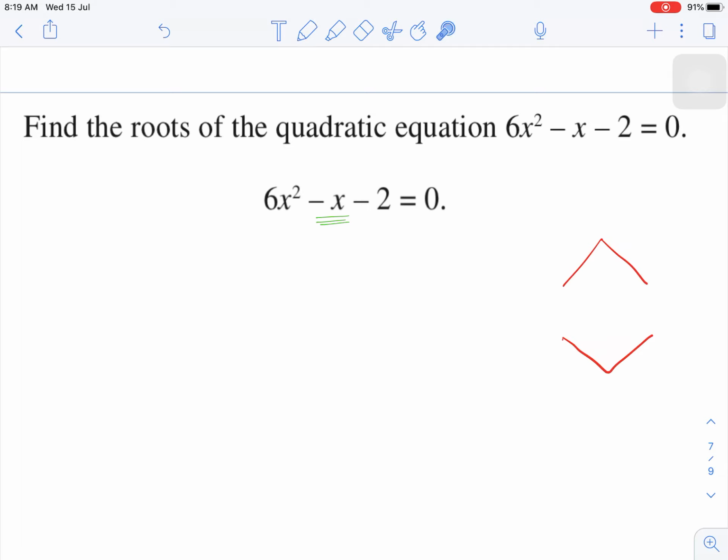Now we have to find two numbers whose sum is minus 1 and product is plus into minus, minus 6 2s are 12, so minus 12. Now remember what we are doing, it's addition here and here it should be multiplication.